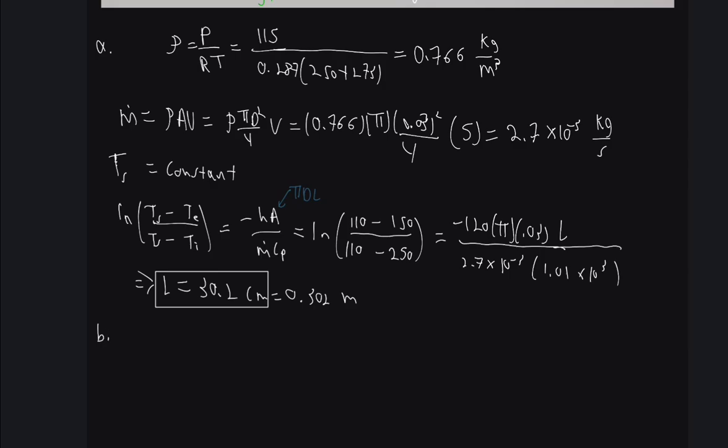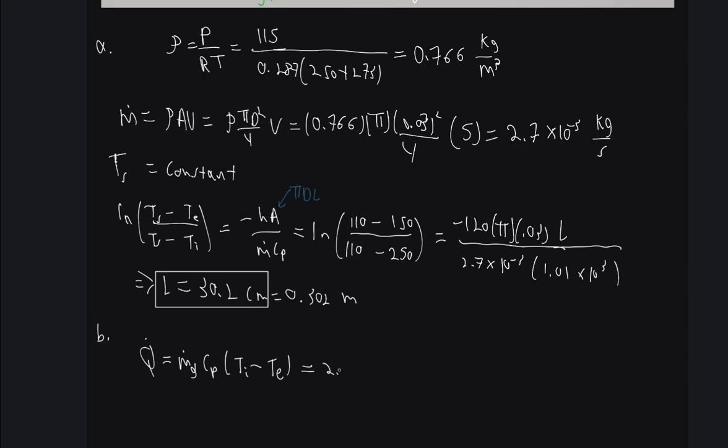For this, we need to find first the Q dot. So we have m dot from the hot gas, the Cp, and then we have Ti minus Te. That is just the normal convection equation. So let's solve for Q dot.